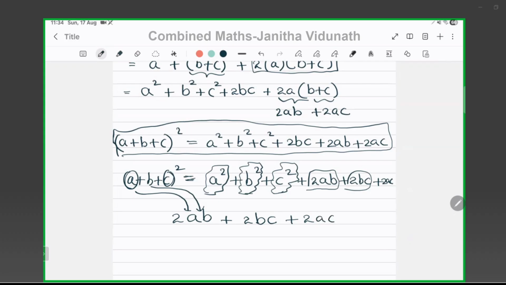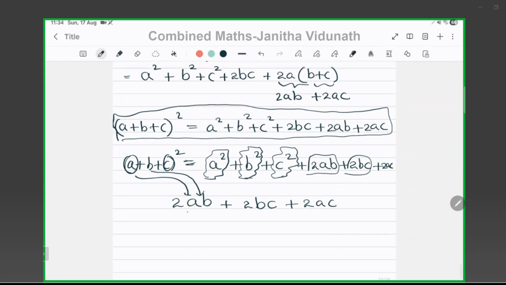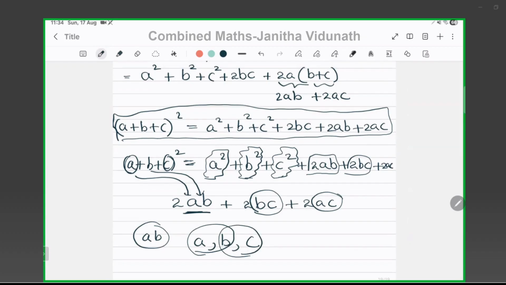Let me repeat again. First, we have the multiplication of a and b, simply first term and second term. Here we have the multiplication of the second term and the third term. Here we have multiplication of the first term and the last term. If we have three terms, we can have a times b, b times c, and a times c as the product of 2 by 2 when we group them together.